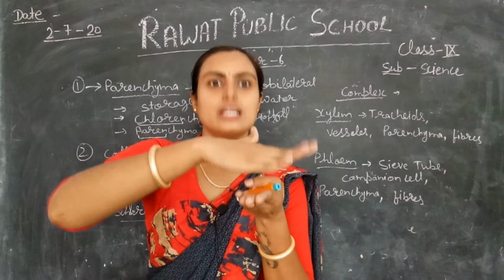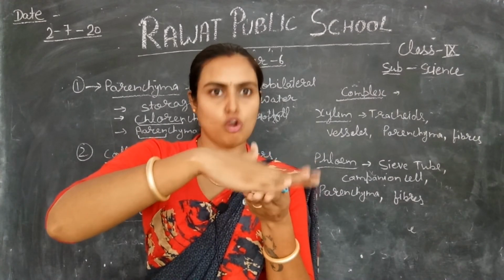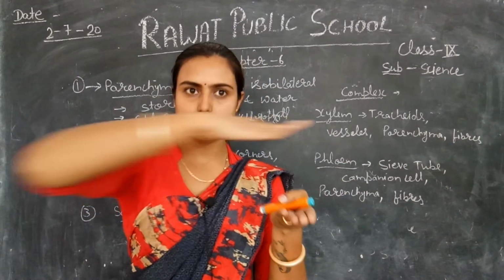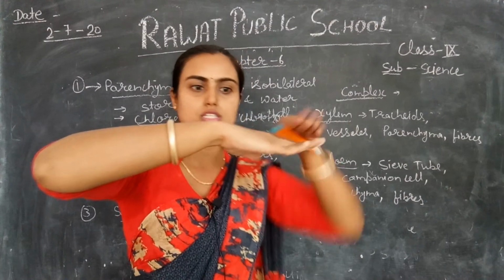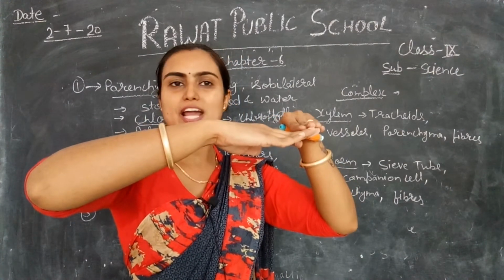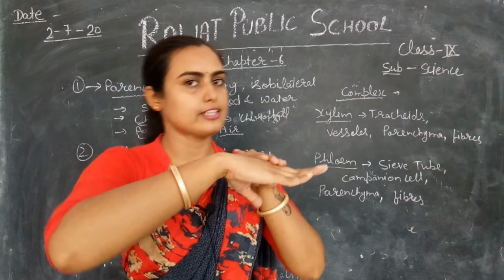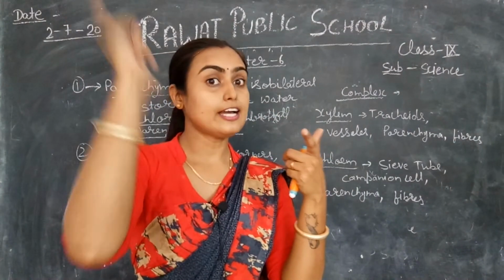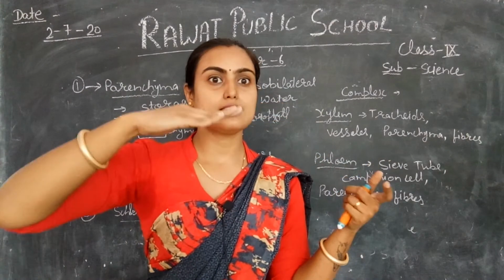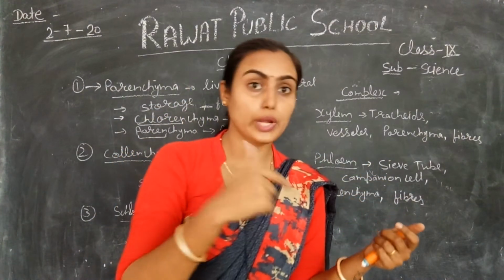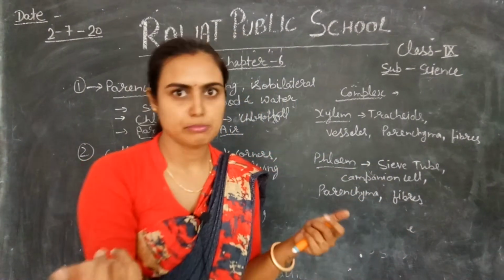Buoyancy means balancing in air or water, like this streamline position. You can see this streamline position in fishes and birds. Fishes are in the water and birds are in the air.